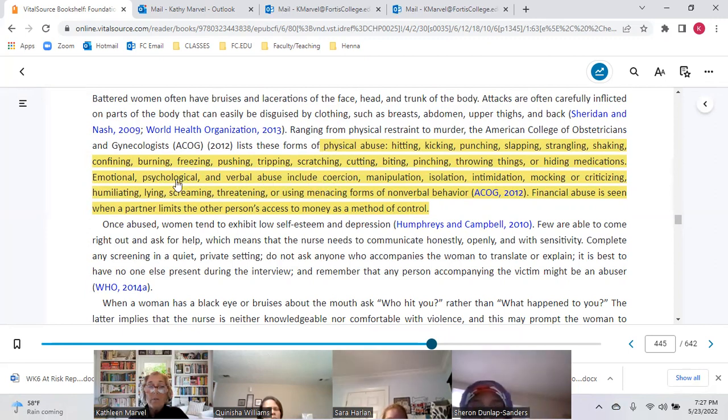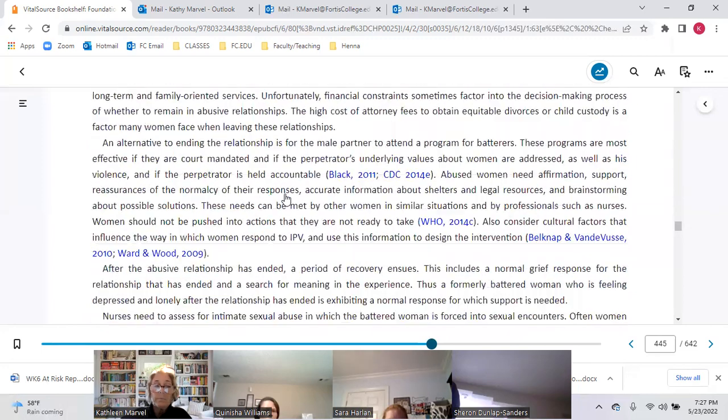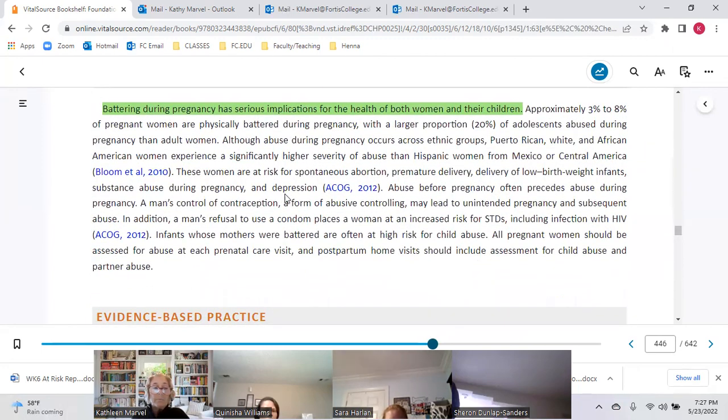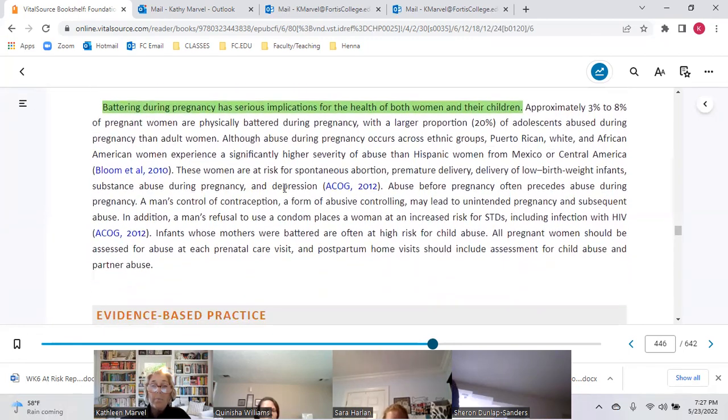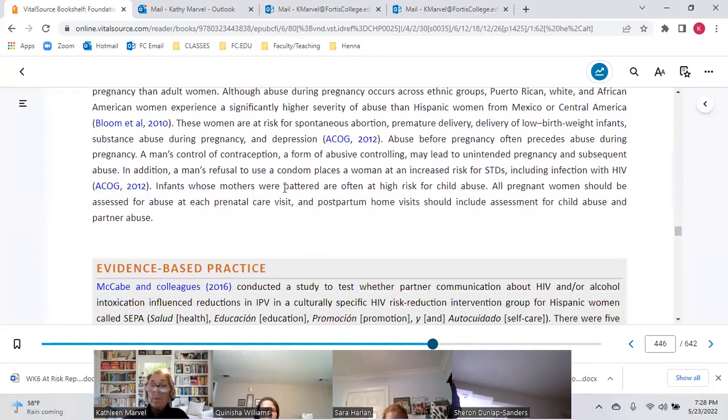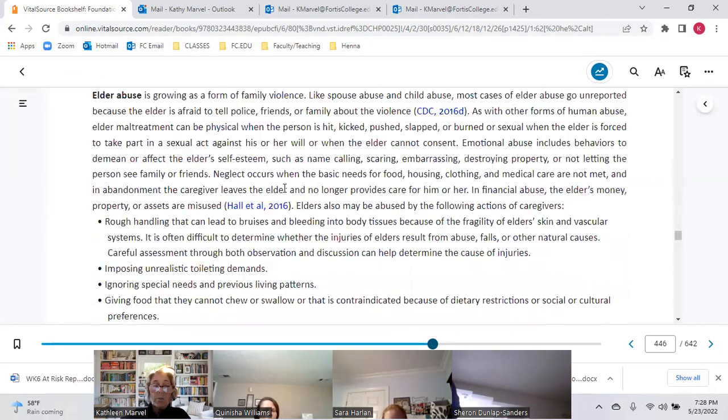So it goes through physical, psychological, and financial. And then we know that battering during pregnancy has serious implications. Okay, I just wanted to bring that up because it is such a problem and such an issue.